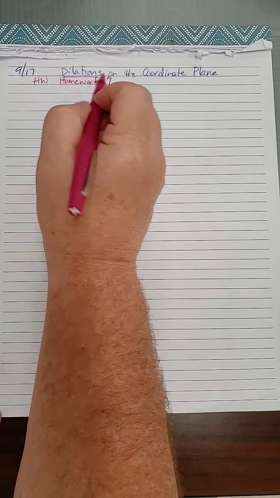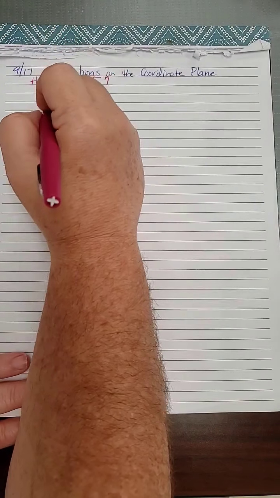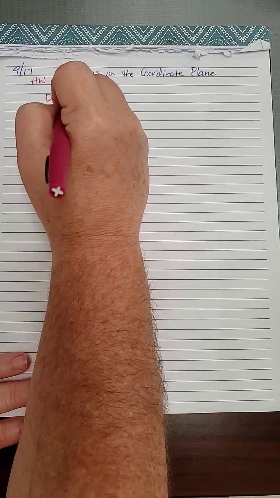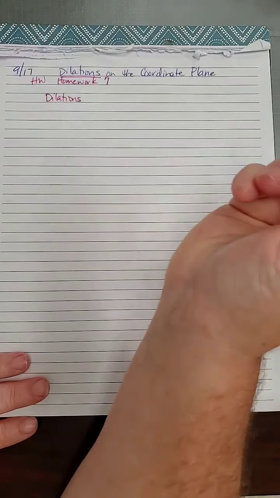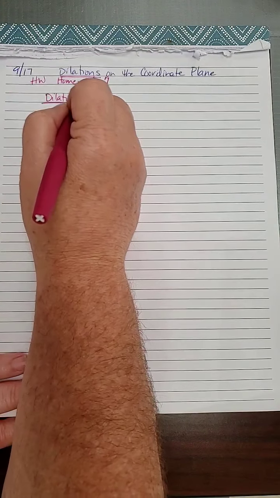All right. So before we get started, let's talk about some of the things that we discovered yesterday while we were doing our lessons. Well, we discovered that dilations was a transformation that changed size of the figure, but not shape.